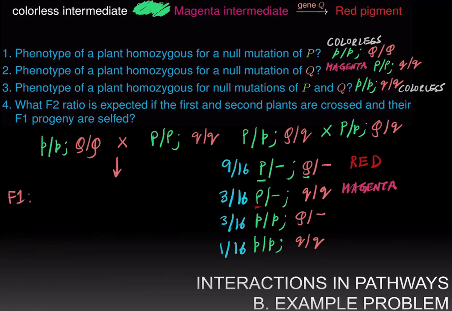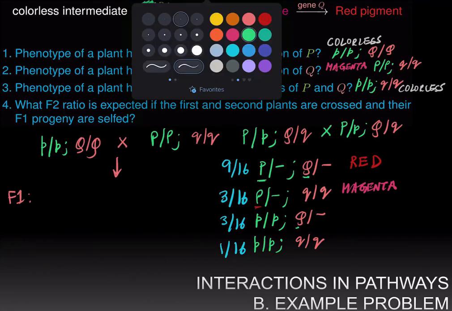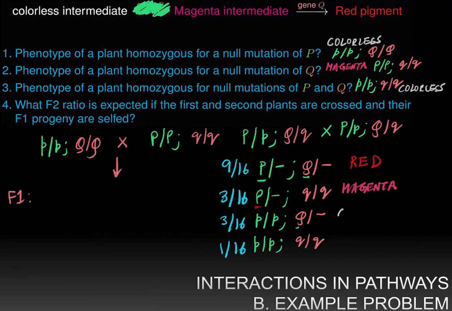They do have a big Q allele, and they can, in principle, convert the magenta intermediate into the red pigment. However, they will not have any magenta intermediate because they are homozygous for the mutant allele of the first gene, and they will never make magenta intermediate. And therefore, the third individual is going to be colorless.